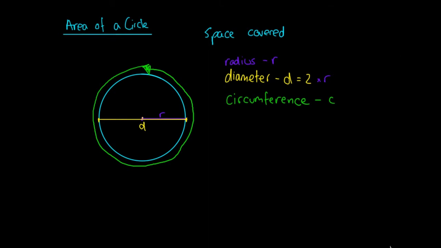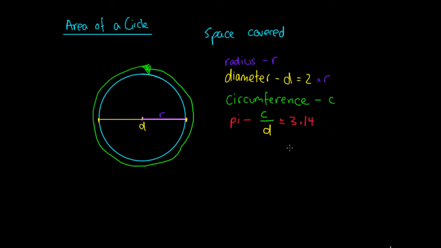And the last really important thing we need to note is this concept of pi. Pi is a ratio of the circumference divided by the diameter, so it's c divided by d. We'll find that for any circle, pi is approximately equal to 3.14.